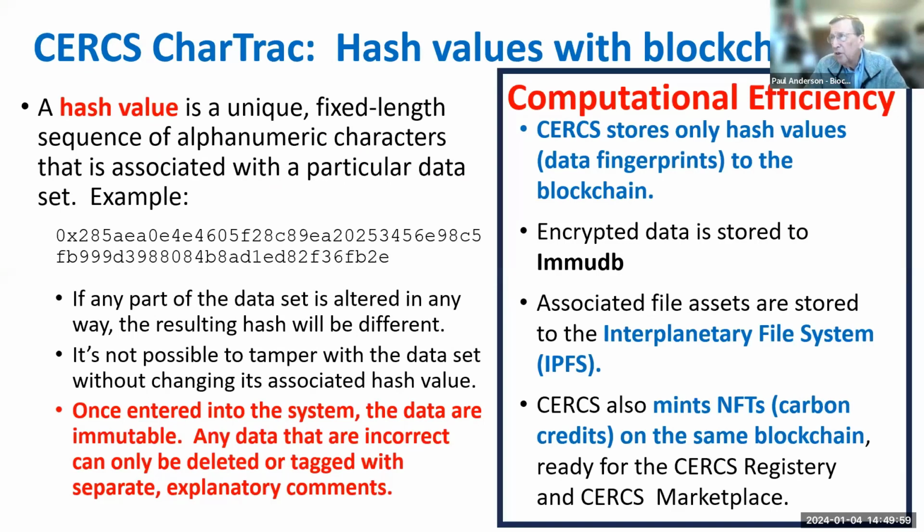CERCS CharTrac uses hash values with blockchain. A hash value is a unique alphanumeric string. The example given there has 64 characters, with letters and numbers. That number gets changed: one little change in the data, once it has been put into the blockchain, will alter that number, and it is gone.